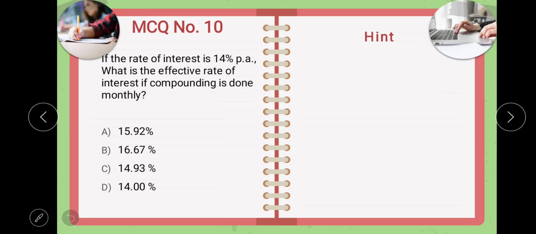I will give you a hint here. Calculate the rate of interest per month first. Then calculate the amount taking the principal as rupees 100.